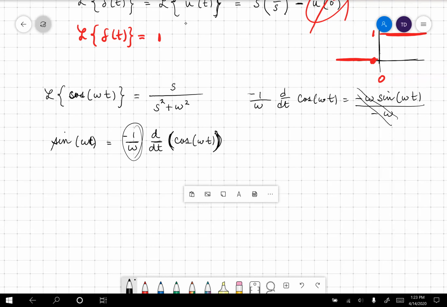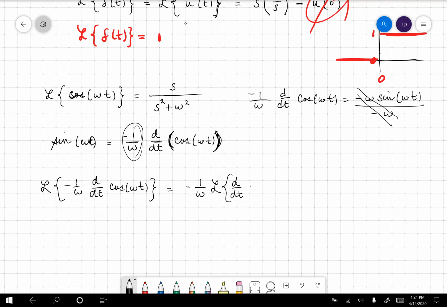That's just a constant. All right, so we know then that the Laplace transform of minus 1 over omega times the derivative of cosine of omega t is equal to minus 1 over omega times the Laplace transform of the derivative of cosine omega t. Now we'll use the properties.